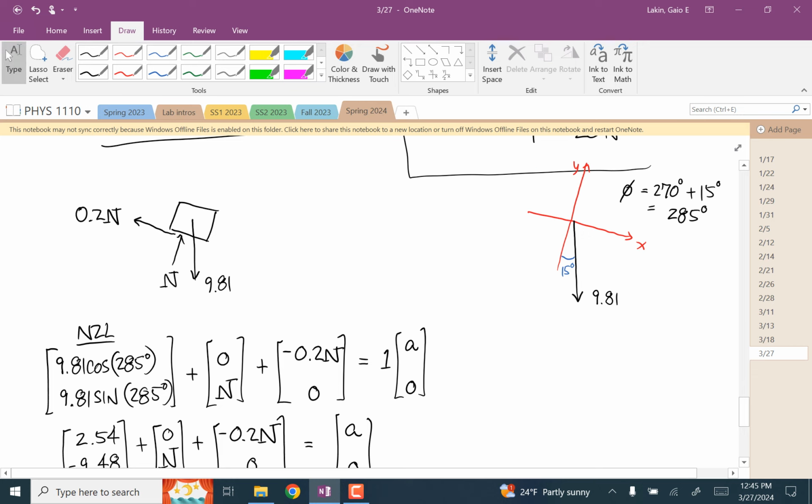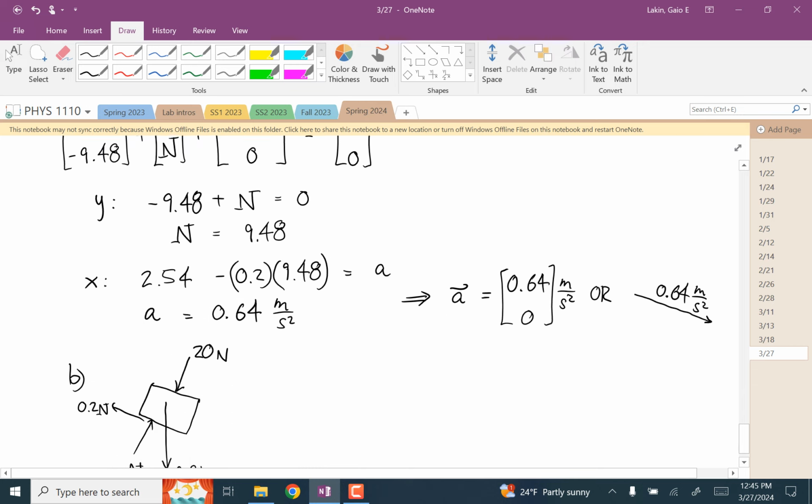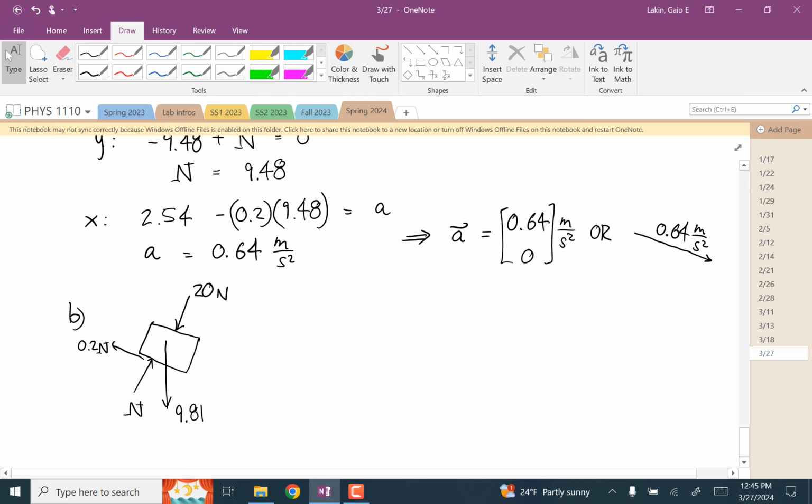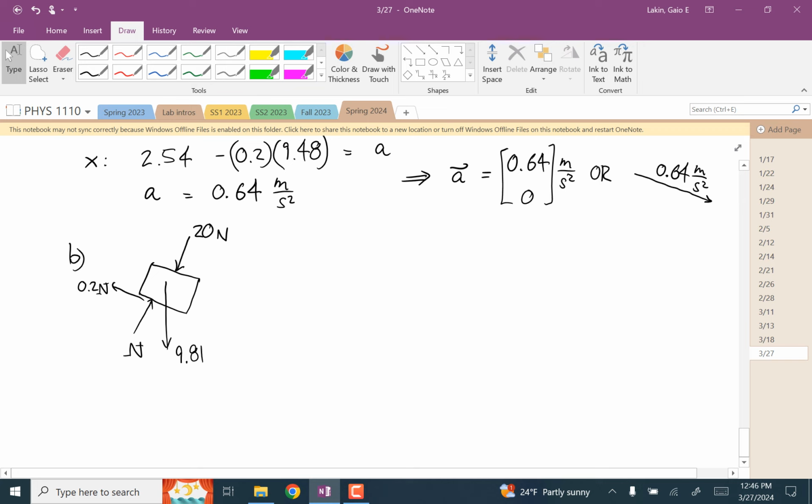If there's more friction, we expect it either to speed up less, so we expect to get a positive number less than 0.64, or it's actually going to start slowing down instead of speeding up, so we'd get a negative number. That's what we expect. Are you with me on that? And what about the weight force? Is that any different than in part A? All the angles are the same, the weight is the same, so the vector is going to be the same.